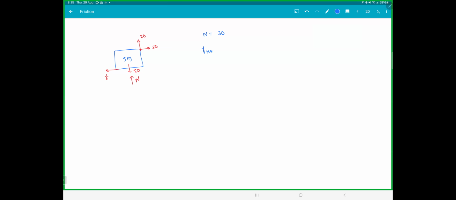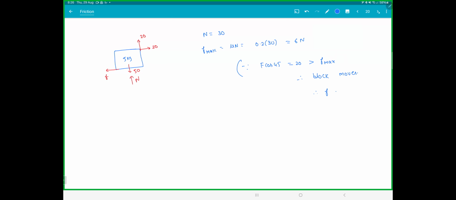Therefore, F max is equal to mu into N. Mu is given 0.2 into 30. This is 6 newtons. Now, in this case, clearly you can see F cos 45, which is 20 root 2, is greater than 20 newtons, which is greater than 6. Therefore, the block slides.